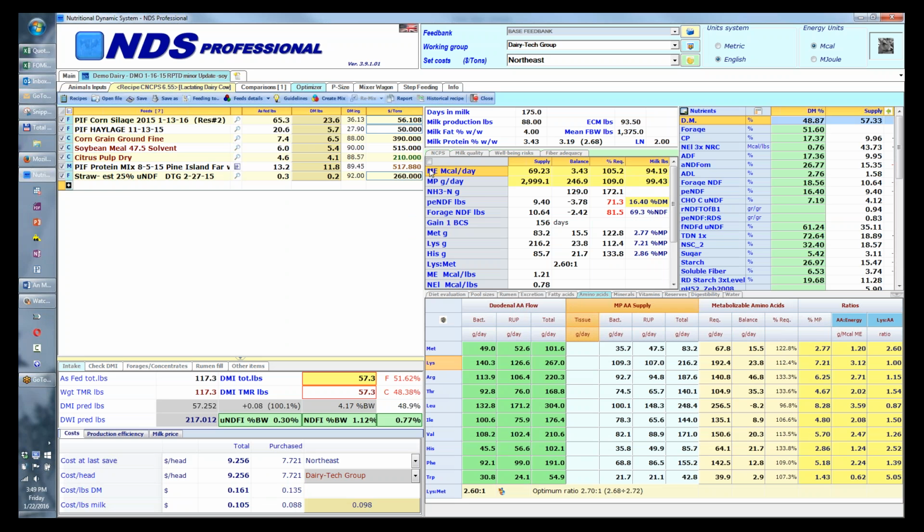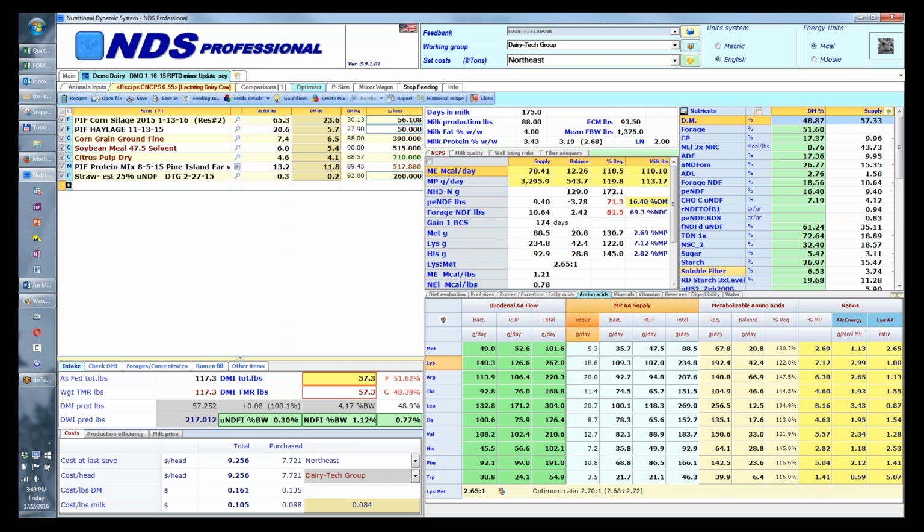Now let's go back out and look at our results, and here you see that the methionine supply is now up to 88.5, and the lysine supply is 234.8. So that's a pretty significant increase in the methionine and lysine amount there.